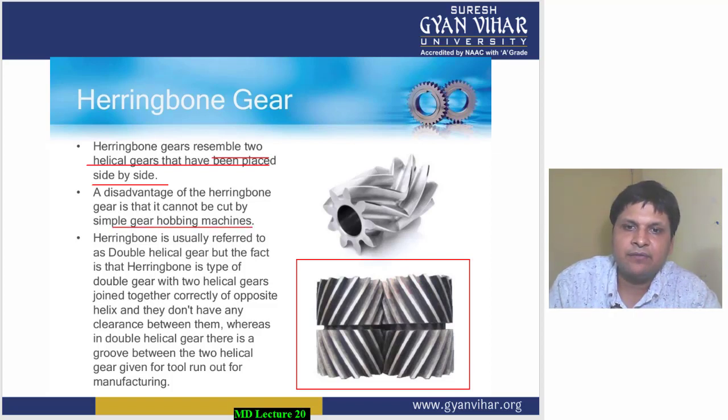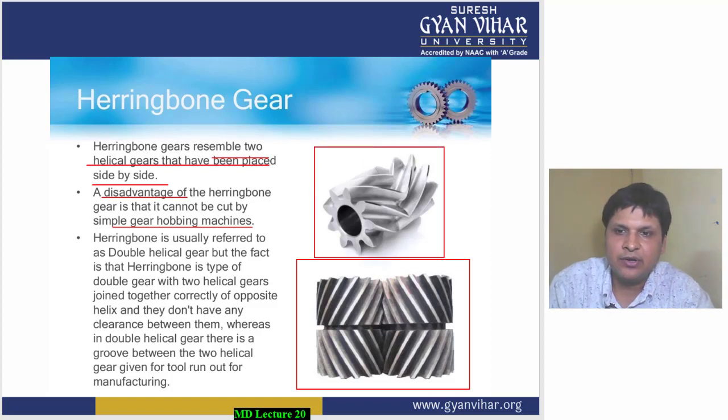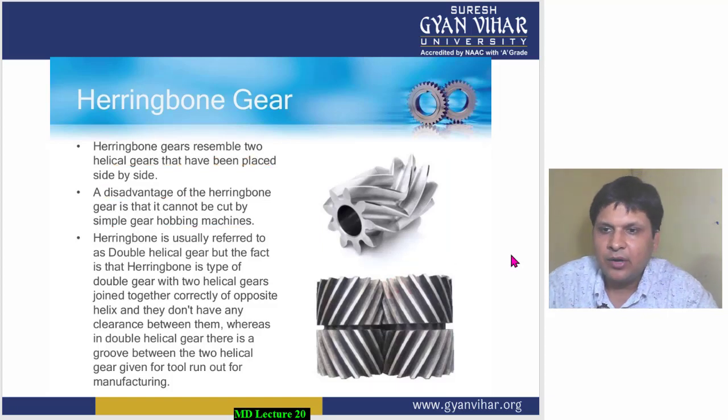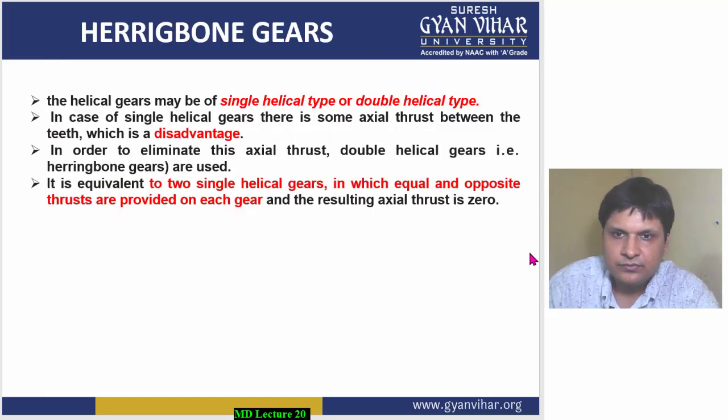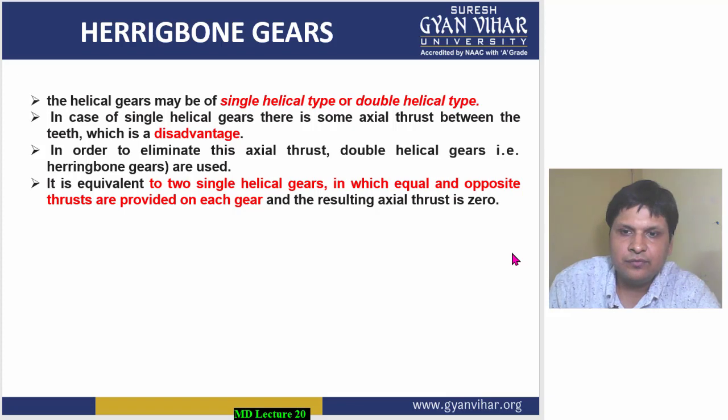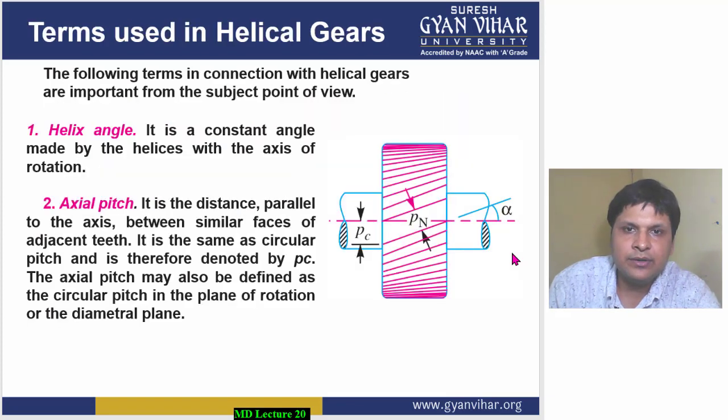So this is the disadvantage of herringbone gears, though it has the plus point that there is no axial thrust. So this is the actual diagram. Now you can visualize the herringbone gear. Now moving further, students, we all know the plus point and negative point of the herringbone gear.